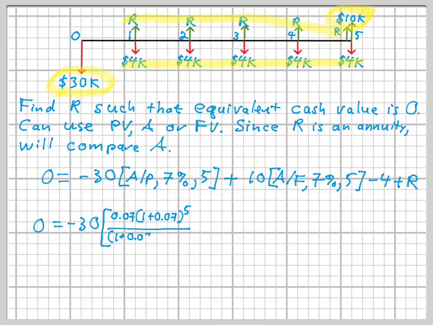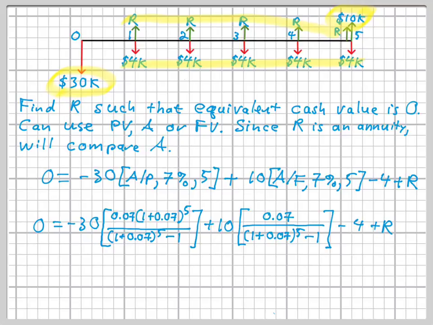So the capital recovery factor is the interest rate 0.07 times 1 plus 0.07 raised to 5 for the 5 years, all divided by 1 plus 0.07 raised to the 5 minus 1. Our sinking fund factor is the interest rate 0.07 divided by 1 plus 0.07 raised to the 5th power minus 1, all times the $10,000 of the return at the end.